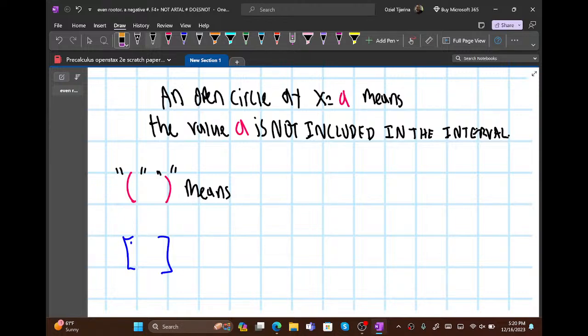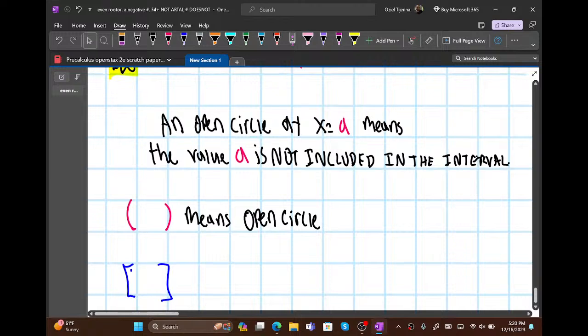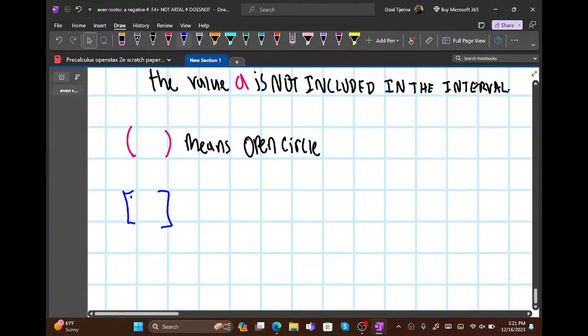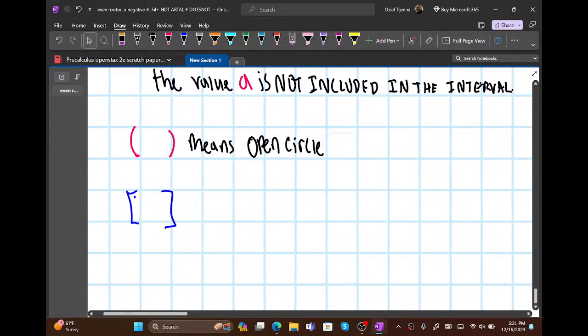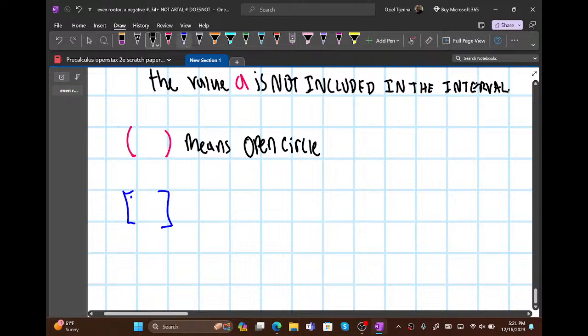Actually, I'm going to leave it as this. This means open circle. And brackets mean closed circles.